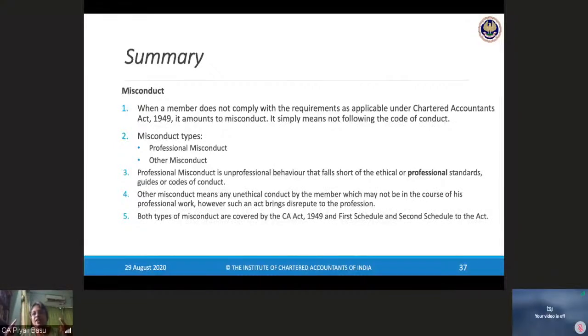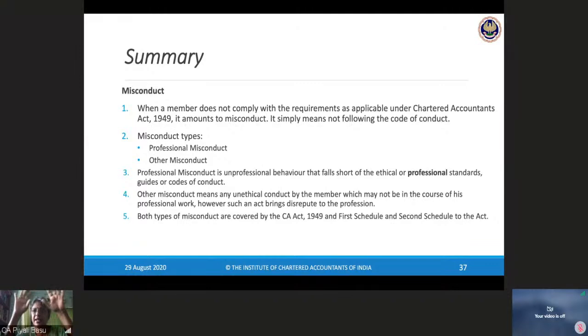Easy way, other way around. Part 4 of first schedule and part 3 of second schedule talk about the other misconduct. Easy way to remember where the professional misconducts are written. In part 1, part 2, part 3 of first schedule, part 1 and part 2 of second schedule. Where the types of misconduct are given as other misconduct: part 4 of first schedule, part 3 of second schedule. Very easy, not to get confused.